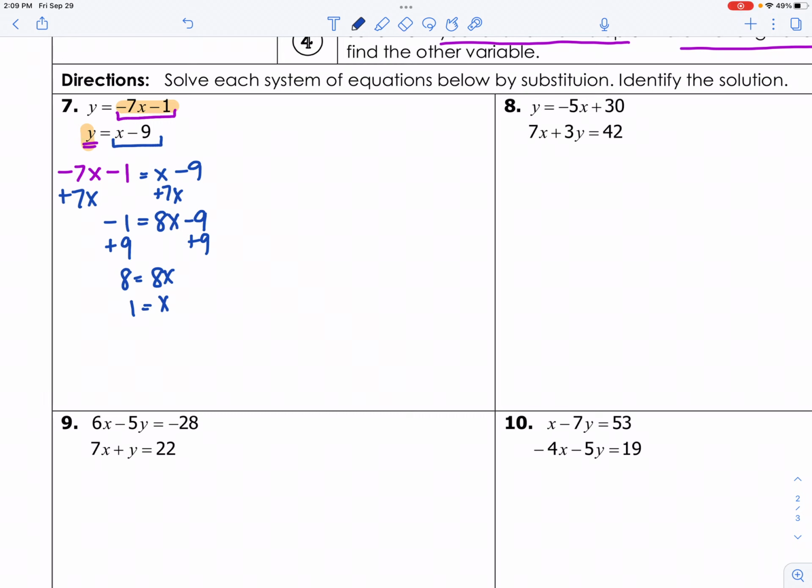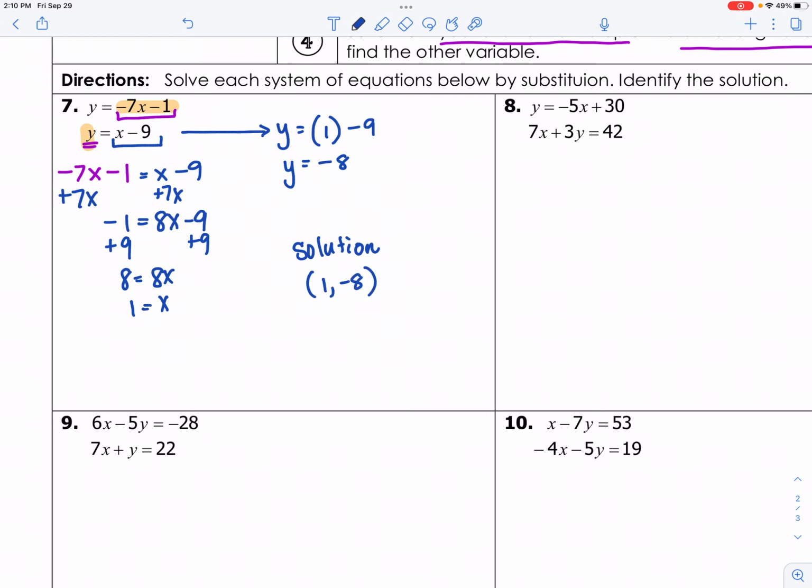I am going to use this one here just because there's less things for me to do. And then remember, when we're substituting, always use parentheses, because if it's a negative, it just makes it a little bit easier to not make careless mistakes. So 1 minus 9 is negative 8. So if I were to graph this, my solution where these two lines would intersect would be 1, negative 8.